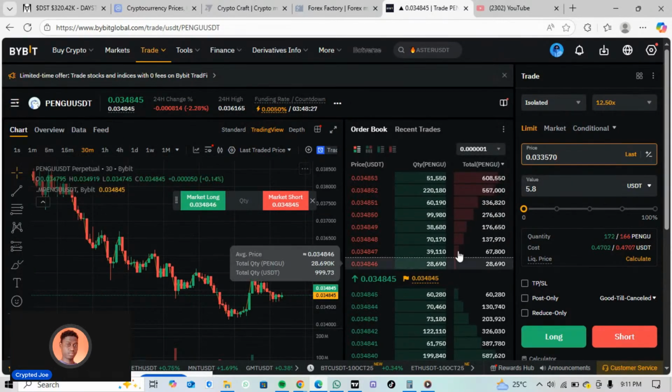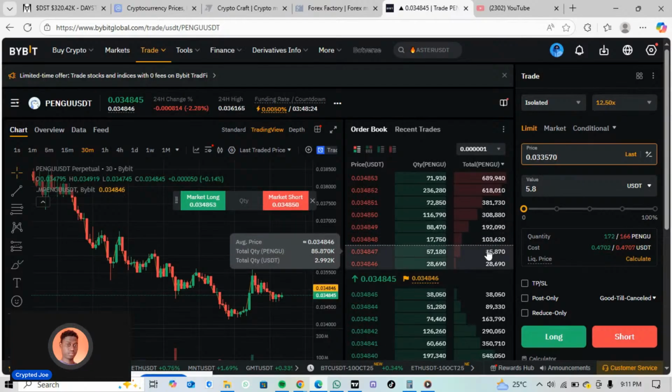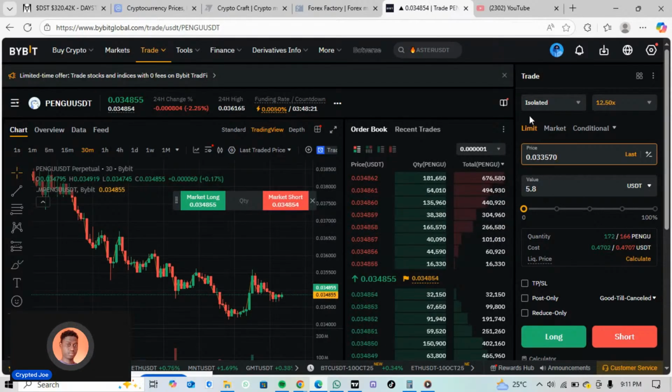So you take note of everything. If you are placing a trade on your exchange, you take your time very well, make sure everything is accurate. That is why limit is advised, because you take your time, you place your order and wait for price to come there and trigger your trade for you. You understand? So that's what will happen.